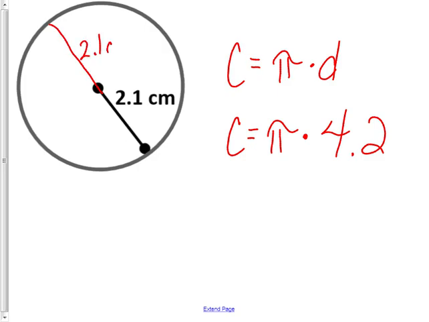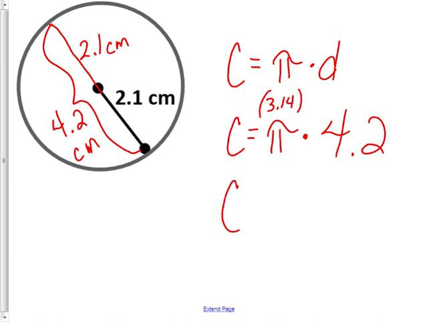And that section then is going to be 2 1/10 centimeters. So the total diameter then is 4 2/10 centimeters. So pi times 4 2/10 centimeters, or 3 and 14/100 times 4 and 2/10 centimeters is going to be 13 and 188 thousandths centimeters, approximately.